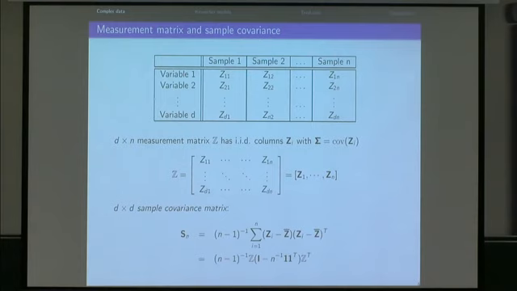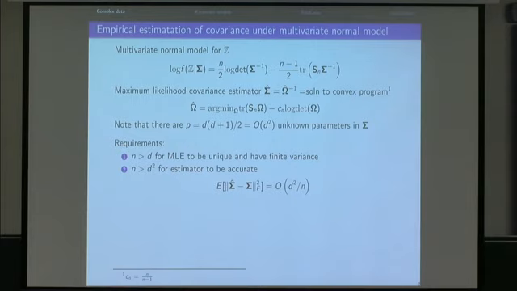So the empirical estimation of covariance requires some methodology for finding an approximation to the true covariance from the sample, and the sample covariance is the best statistical compression of the data under the multivariate normal model, which I'm going to assume for the remainder of this talk, although the results in the papers that I cite are not all restricted to the multivariate normal case.